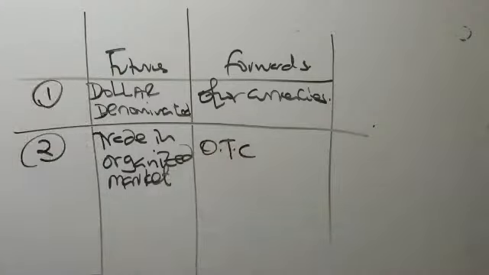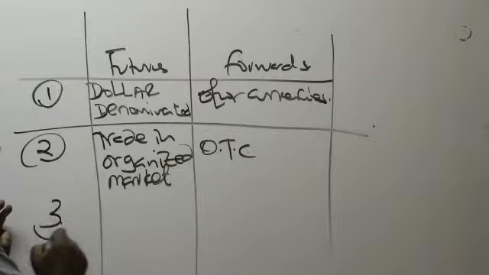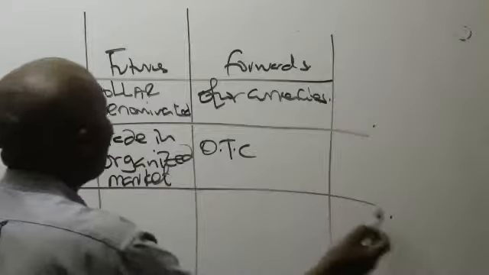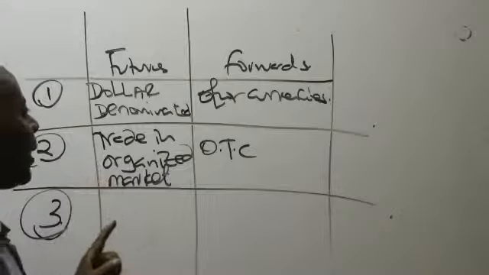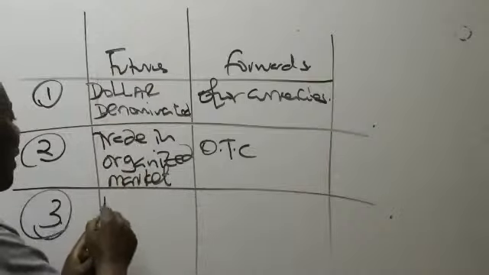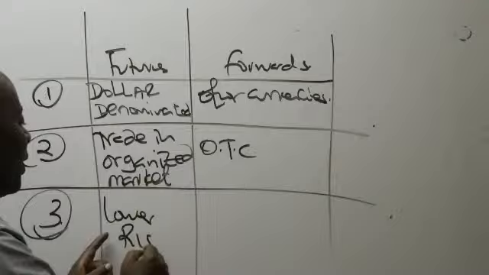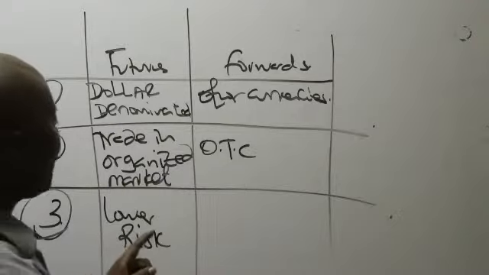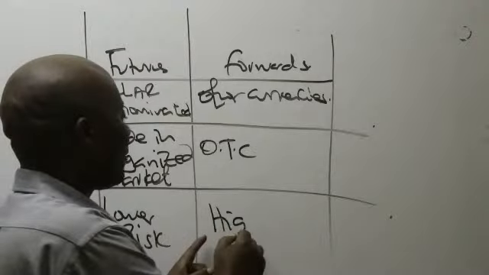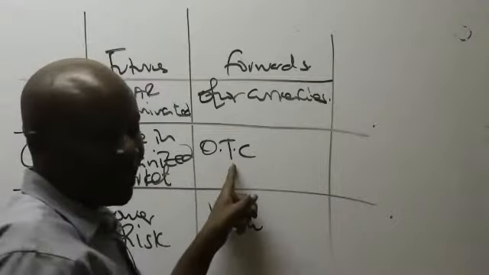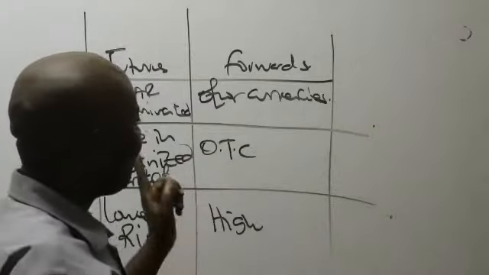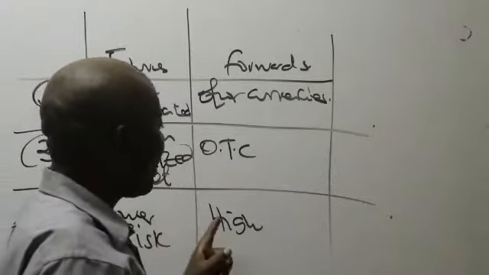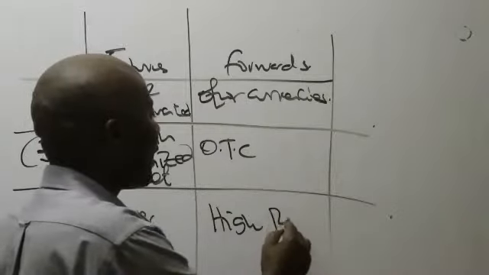Some lady anasema futures, because they are traded in organized markets, zinakuwa na lower risk. Forwards ni high risk sababu ni over the counter. Mambo ikiharibika, one party akashindwa kulipa, inakuwa international disaster. High risk.